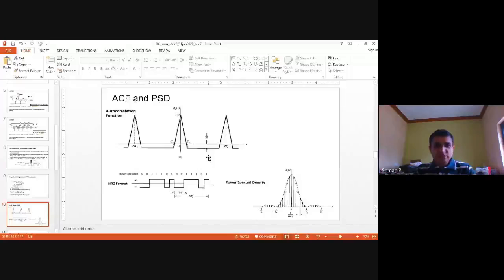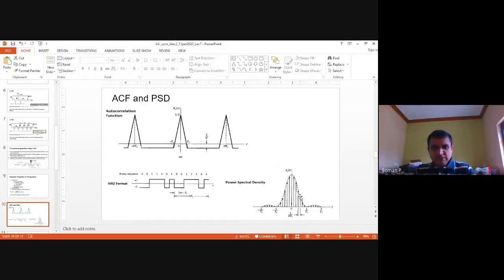For example, n is equal to 2 raised to m minus 1; for a 4-bit shift register, n equal to 2 raised to 4 minus 1 equal to 15, and this value will be minus 1 by 15. So a very small value. As the length increases, say 10-bit, it means 1 by 1023. So the correlation is very, very small.